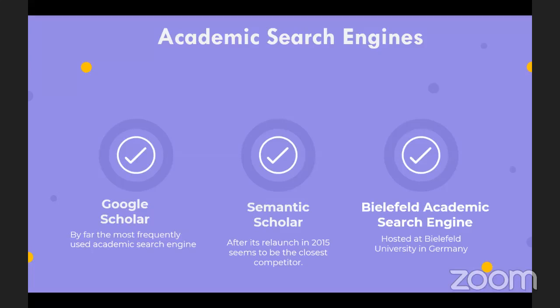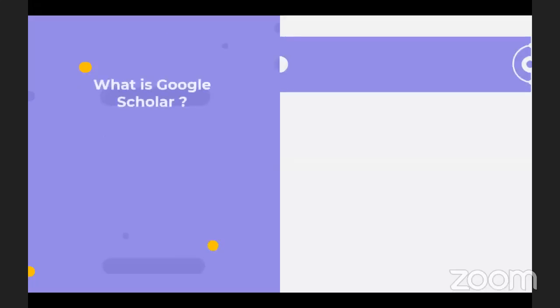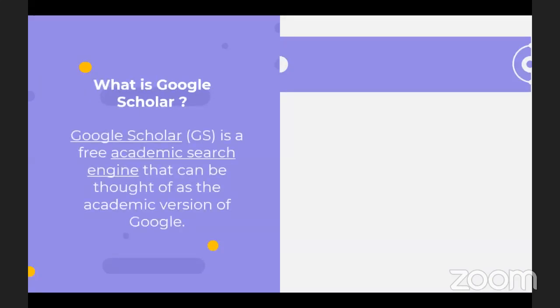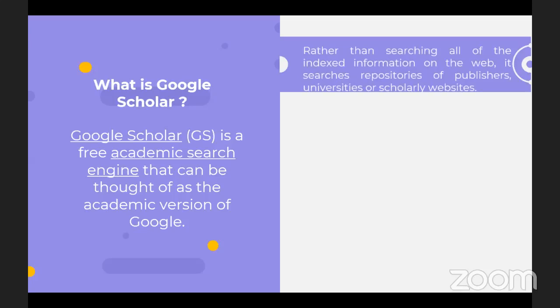So Google Scholar is not the only academic search engine, but it is the most popular and most frequently used. Now, the question is, what is Google Scholar? Google Scholar is basically a free academic search engine that is an academic version of the ordinary or traditional Google search engine. How is Google Scholar different from the normal Google search we conduct?